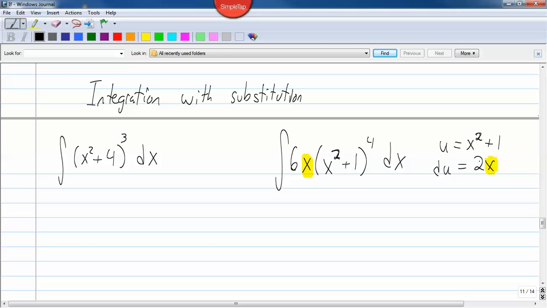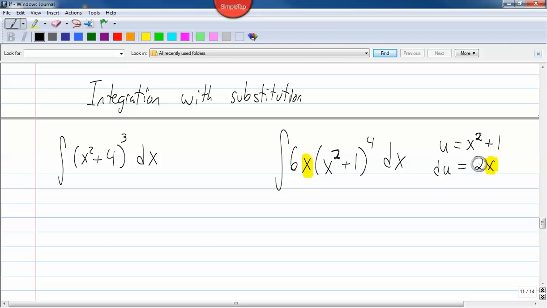If it's not, we can't always integrate it using simple methods like this, using substitution. Okay? The only other thing that we have to adjust for, we have the x, that's present. That's good. The only other thing we have to adjust for is the constant. If you have a constant in your du, or the derivative of your u, you bring out the reciprocal of the constant in front of the integral, or in front of your answer.